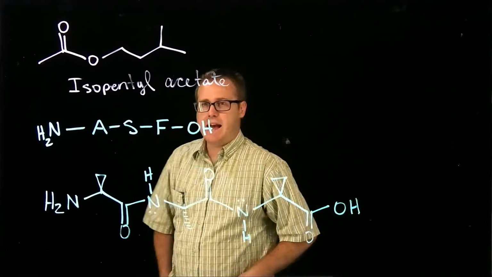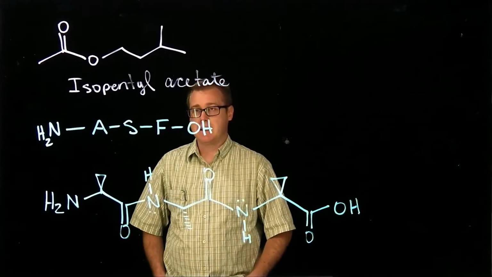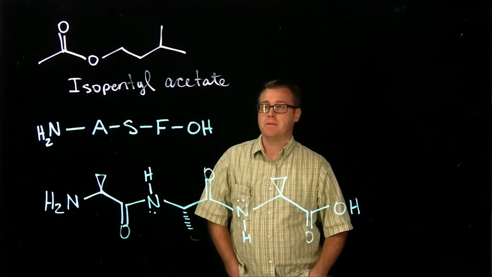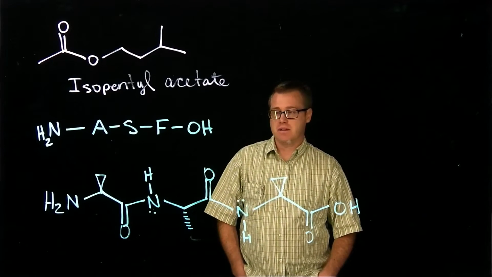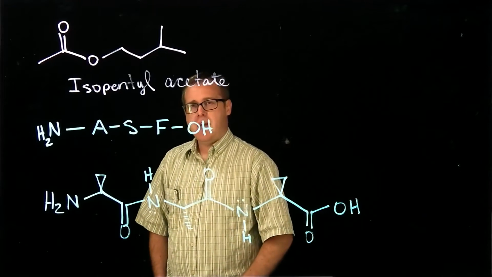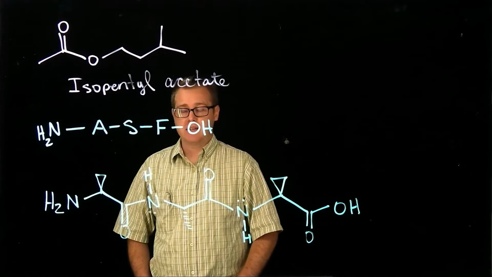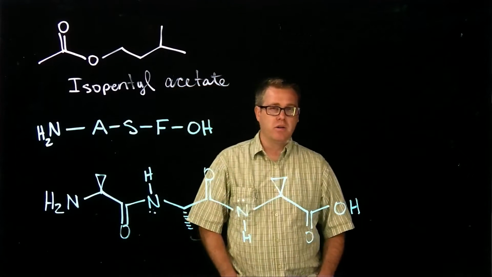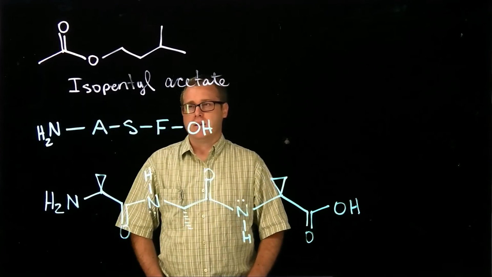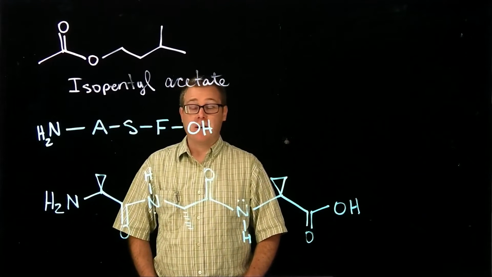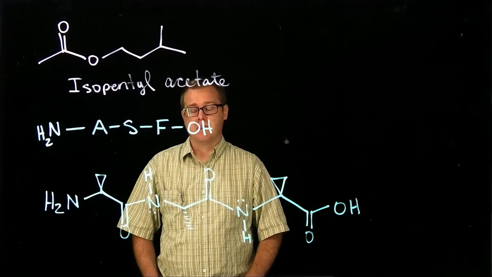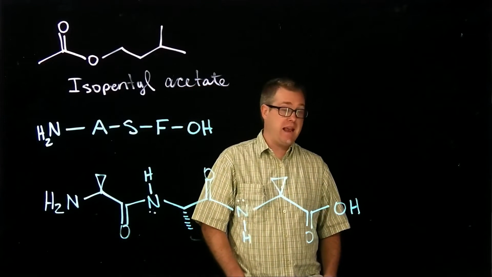Taking a look at some of the carboxylic acid derivatives and looking at their relative stabilities, the acid chloride or the acid halide molecule is very, very reactive. So it's very unstable.